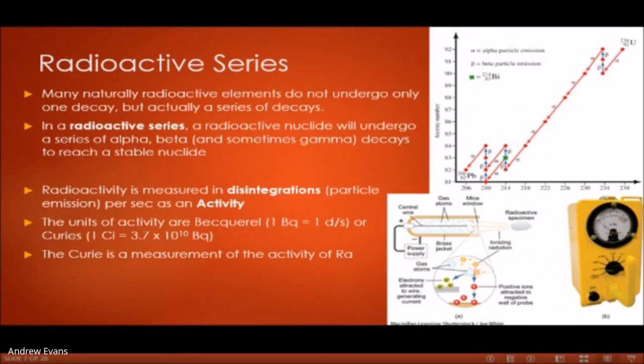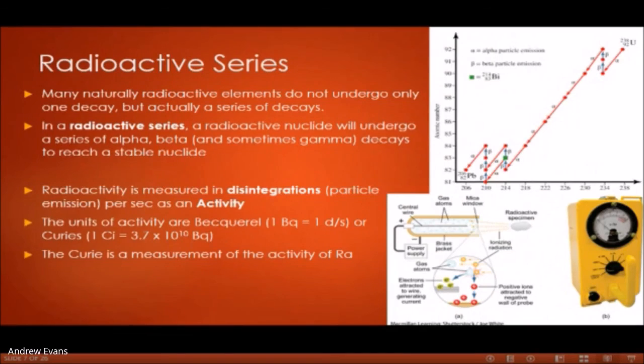We could use the Becquerel, or a Curie, which is 3.7 times 10 to the 10th Becquerels. The Curie is specifically the measurement of the activity of radium, which is one of the elements that Curie helped discover.